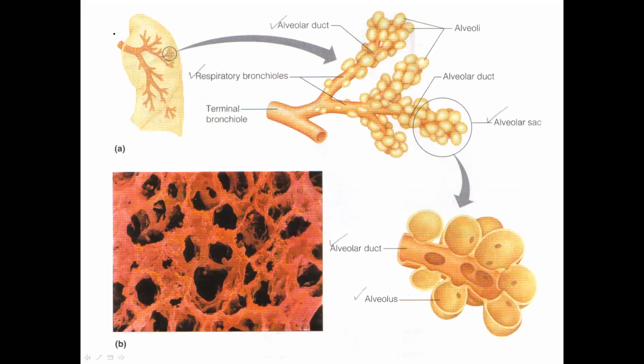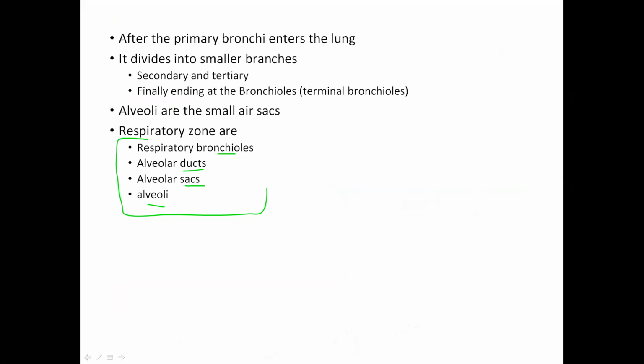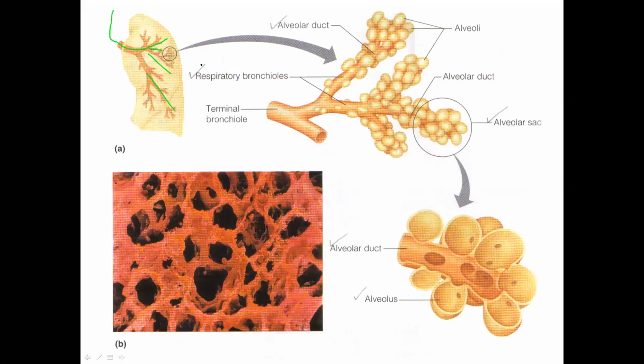Okay, so here's the lungs. As you're breathing air in, it would go down the trachea and then into the bronchi and eventually out into the actual respiratory zone. So starting with your respiratory bronchioles, because this is the more proximal, as we work this way, we're getting more distal.